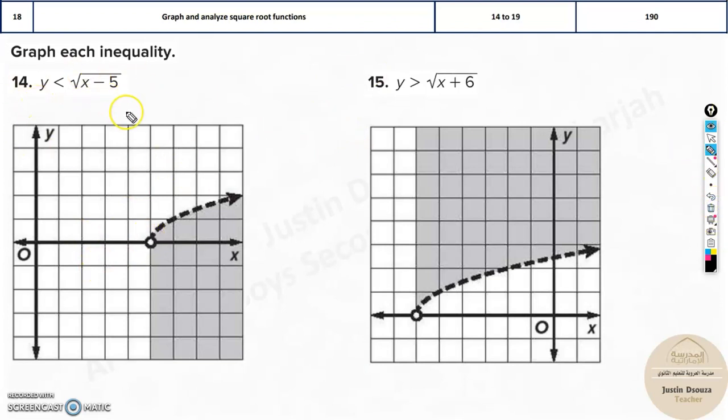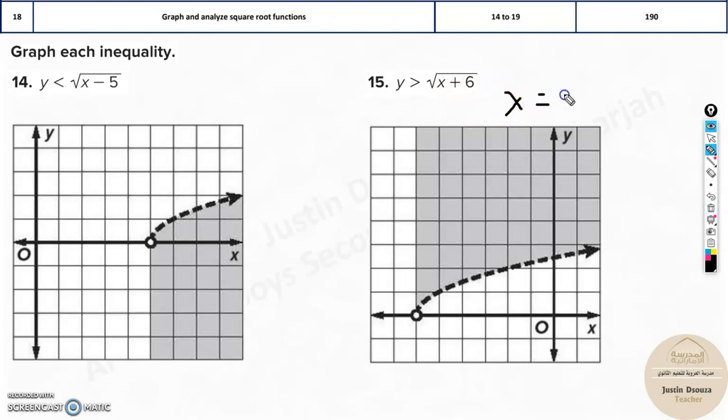Now, other things. That is the domain. That means all the x values are less than 5. Sorry, greater than 5. I will tell you what is greater than 5, but now you understood x is equal to 5, so it will start at 5. It'll be the right side or left side, but it must start over here. This is very important.